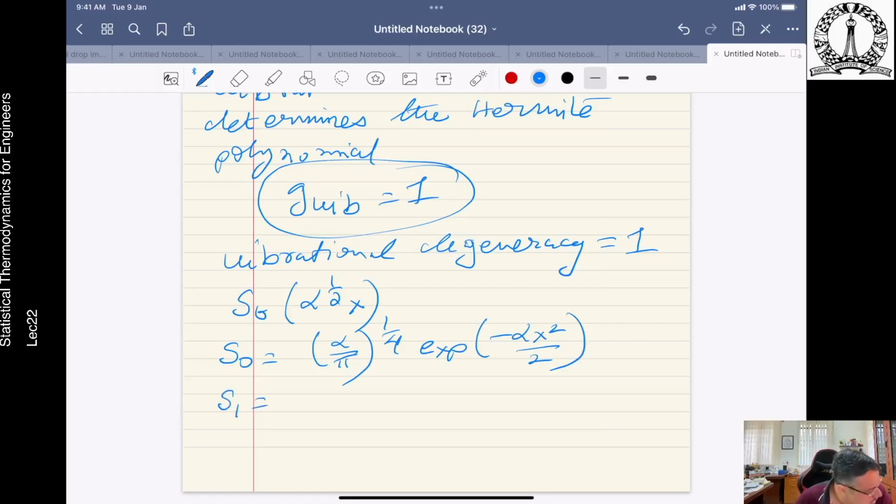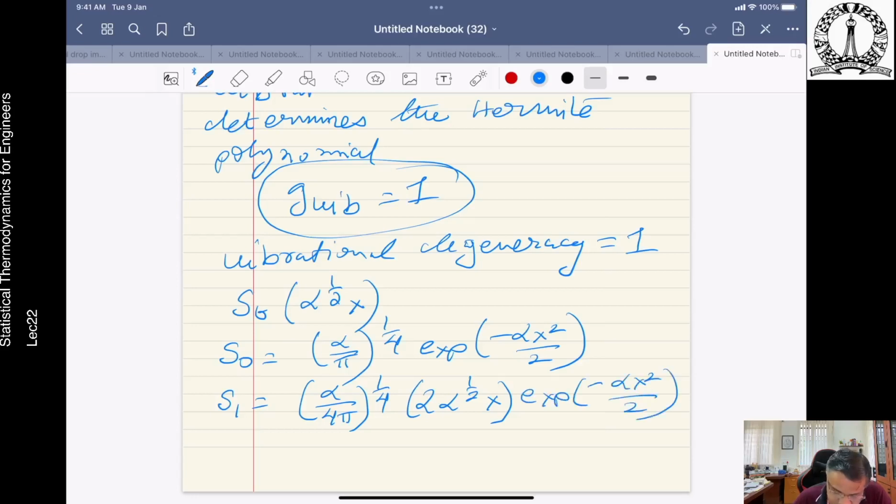S1 is alpha by 4 pi to the 1/4, that is equal to 2 alpha to the half into x exponential minus alpha x squared by 2.